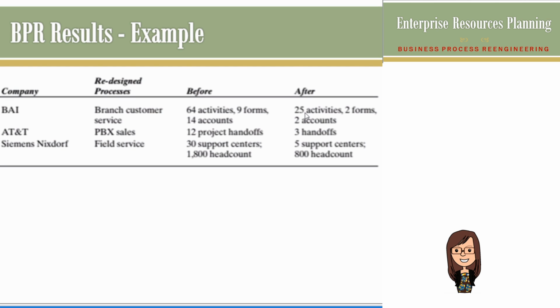Oh no, it's even more than 50%, right? Because from 64 to 25 is more than 50% reduced. And previously, to communicate they needed 9 forms, and now they only need 2 forms, which is so much easier, right?